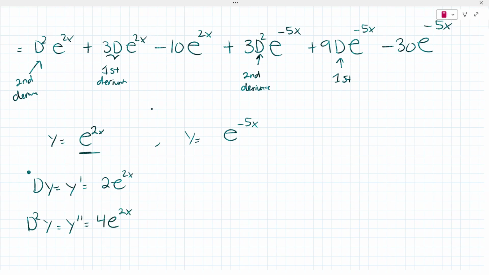And then over here, if y equals e to the negative 5x, dy or y prime is negative 5e to the negative 5x. And then d squared y is y double prime, the derivative of negative 5e to the negative 5x, is 25e to the negative 5x.